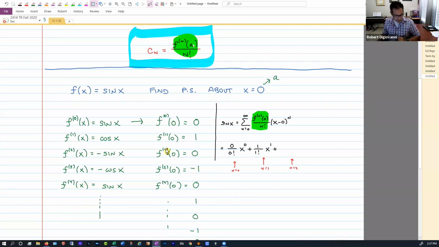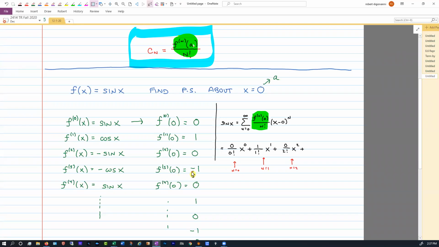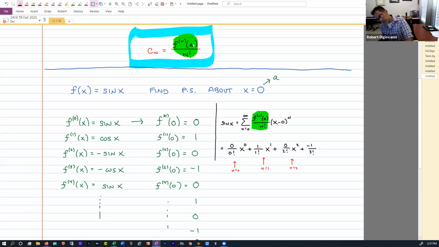Yeah, the second derivative at 0 is 0, isn't it? So we get 0 over 2 factorial, x to the second, plus, now we go to 3, the third derivative at 0, which would be negative 1 over 3 factorial, x cubed.